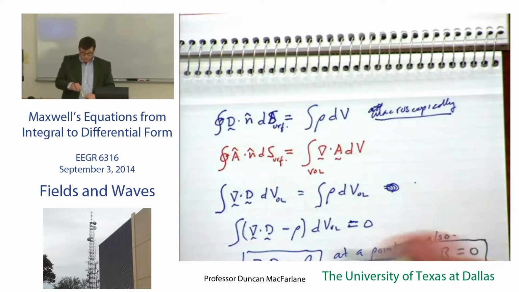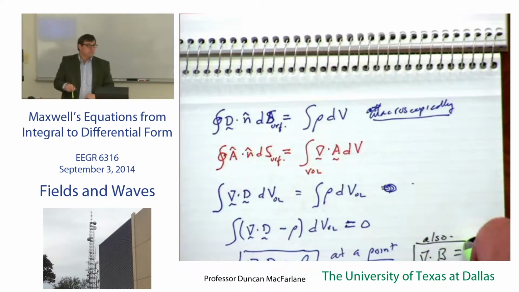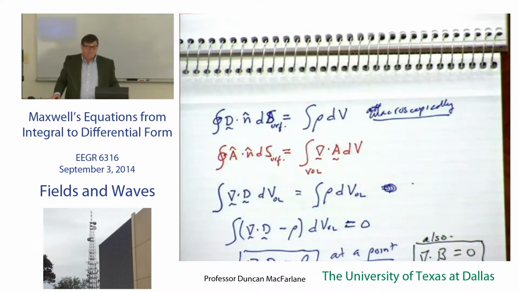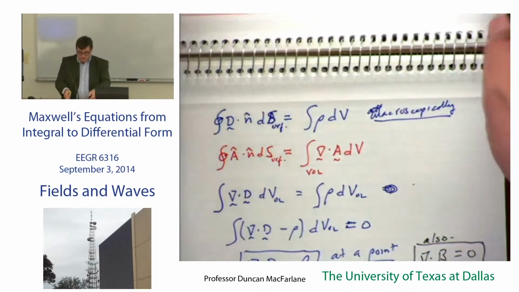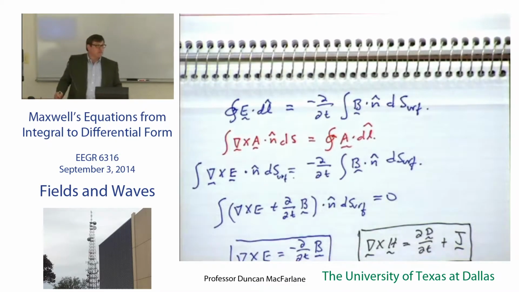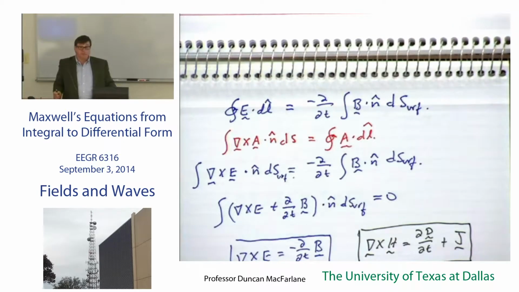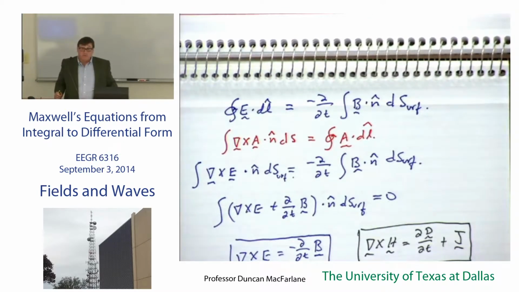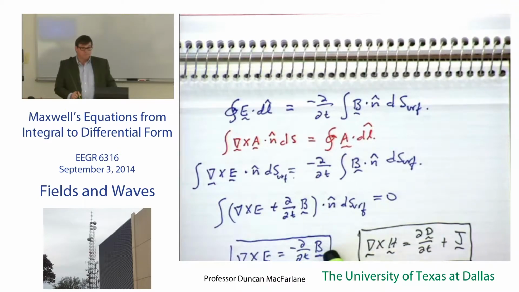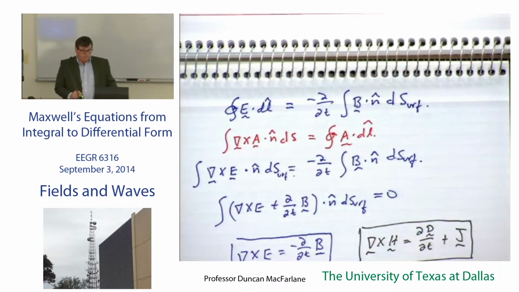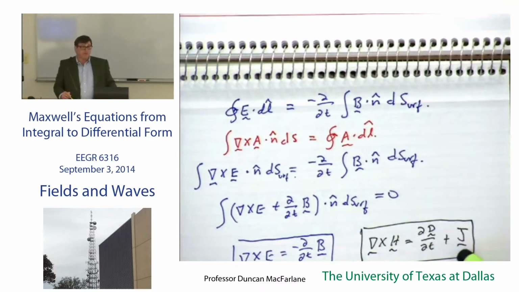Okay, so these 2 equations, they're perfectly good equations, but they're only scalar equations. Okay, these 2 equations, curls, another first derivative of the vector fields. Those are vector equations. So this equation has 3 scalar equations inside of it. This equation has 3 scalar equations inside of it.